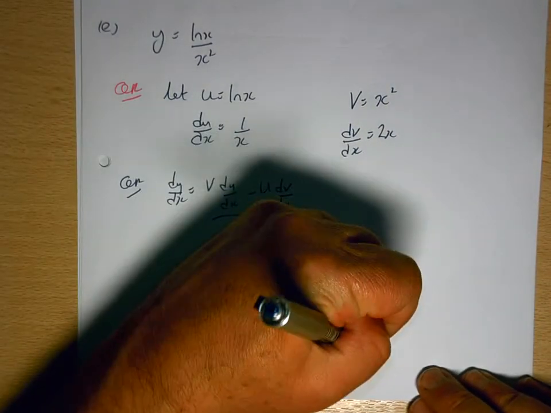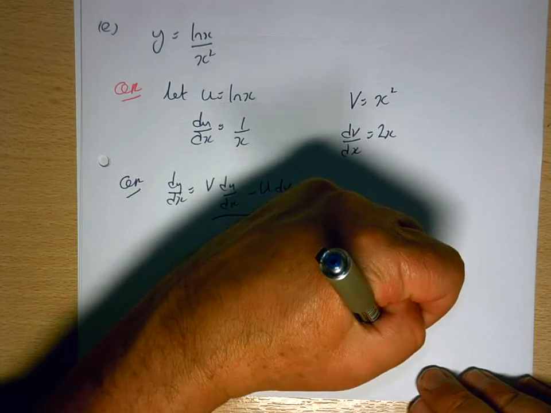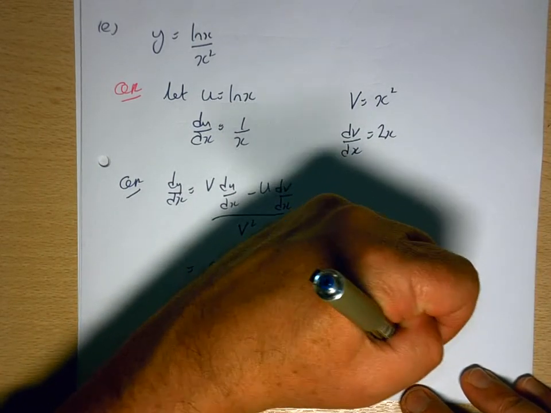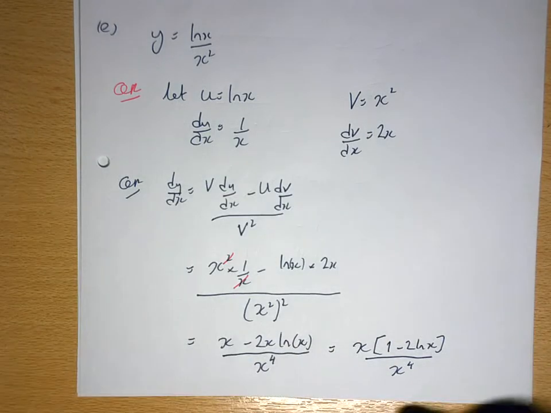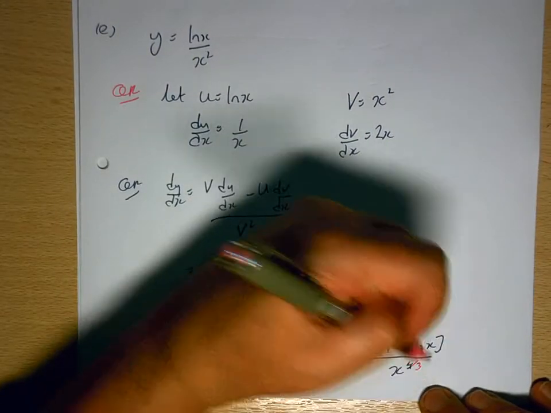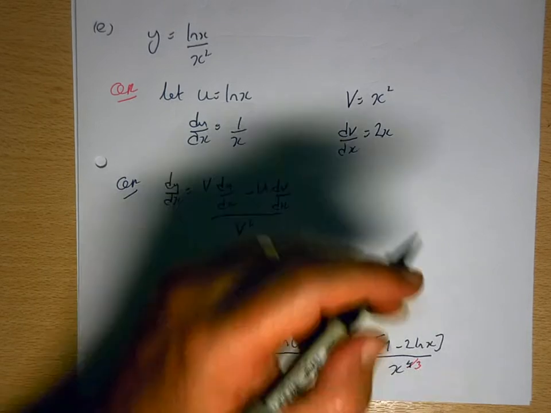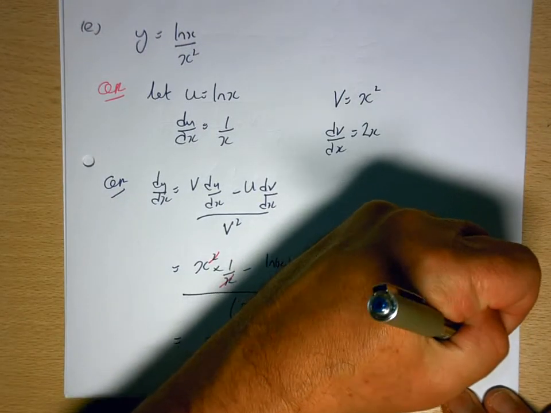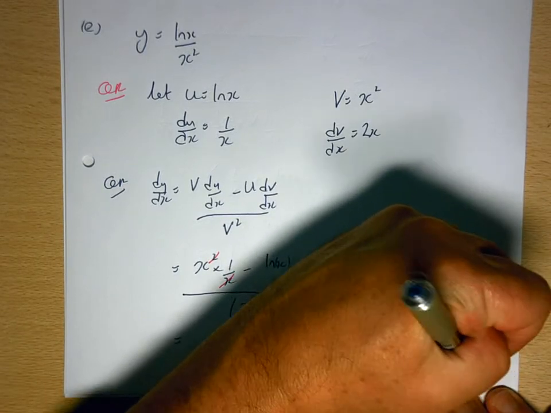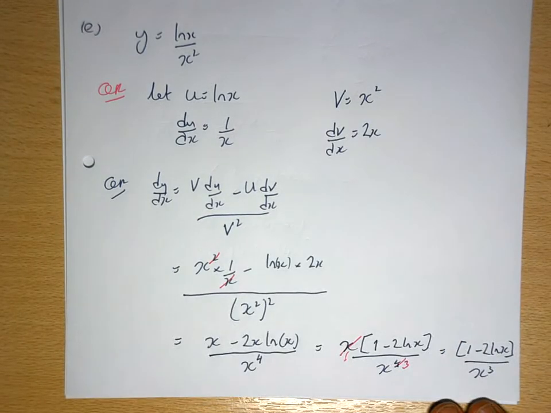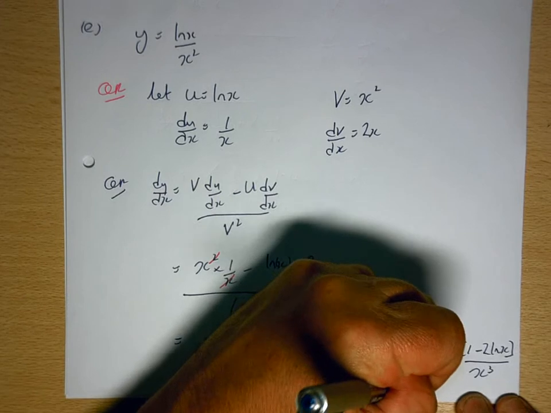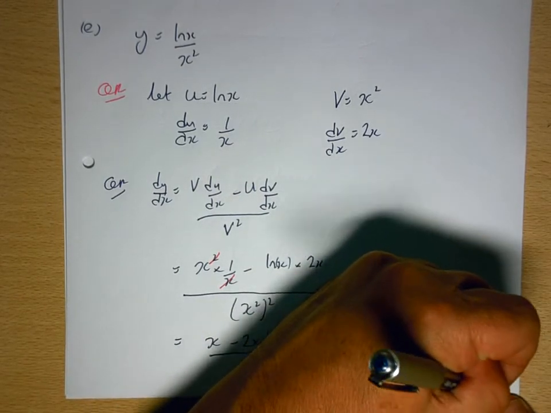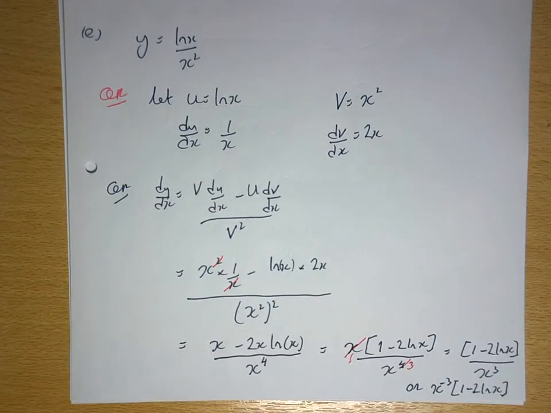I can take the x out of the numerator. That x will cancel with one of the x's in the denominator, leaving you 1 minus 2 ln x over x cubed. Or you could write it x to the minus 3, 1 minus 2 ln x.